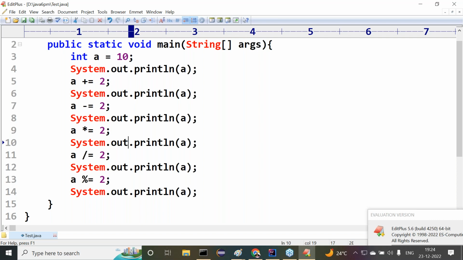Sir, all these are assignment operators. Example on assignment operators we are providing here.